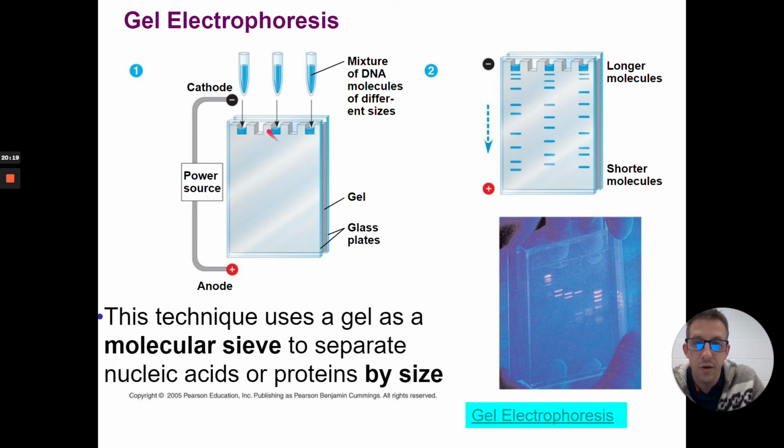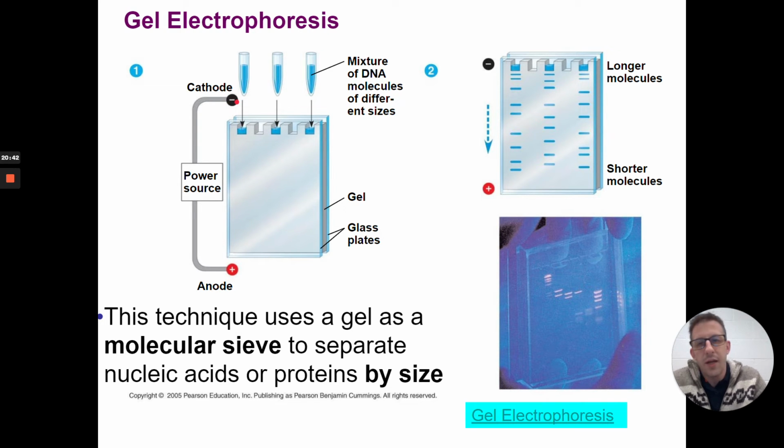Okay, and so all of those chunks of DNA are in that fluid there, and we can dump that fluid into these little chambers in the gel. And so what we do from there is we would run an electrical current through this gel. We'd send electrical current going this way, okay?